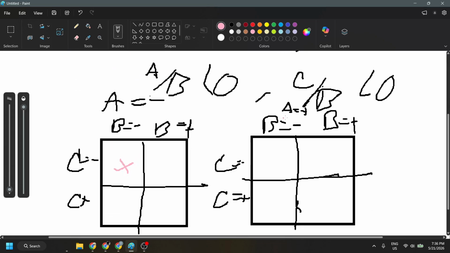So this won't work, and then both a and b are positive won't work. And this won't work, this won't work. C over b has to also be negative, so c and b have to be different. This one doesn't work, and this one doesn't work. So these are the only two that work.